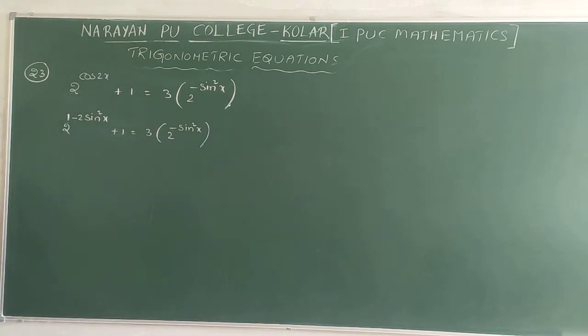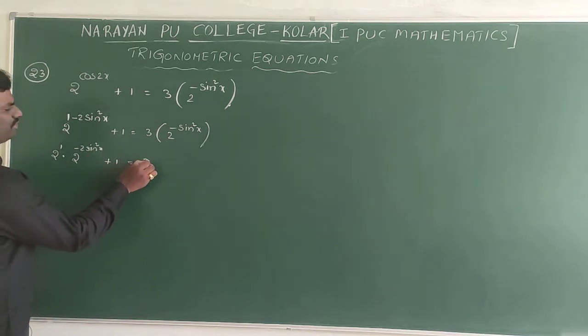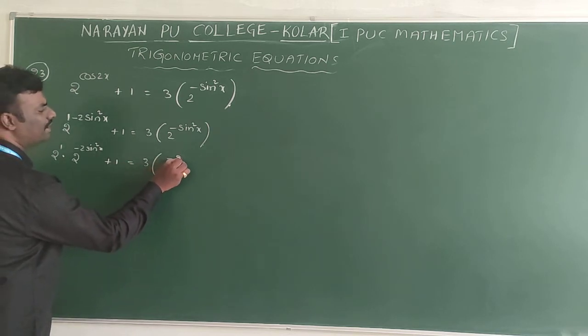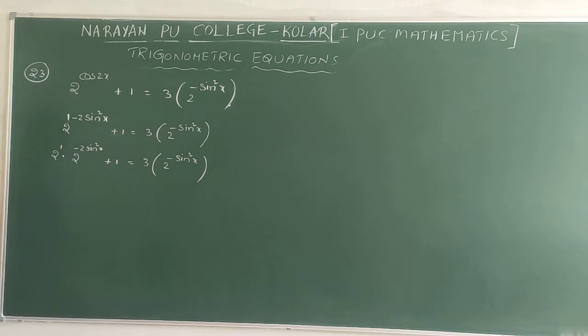Next, this can be written as 2 power 1 into 2 power minus 2 sin square x. I am splitting this using a power m into a power n is equal to a power m plus n.